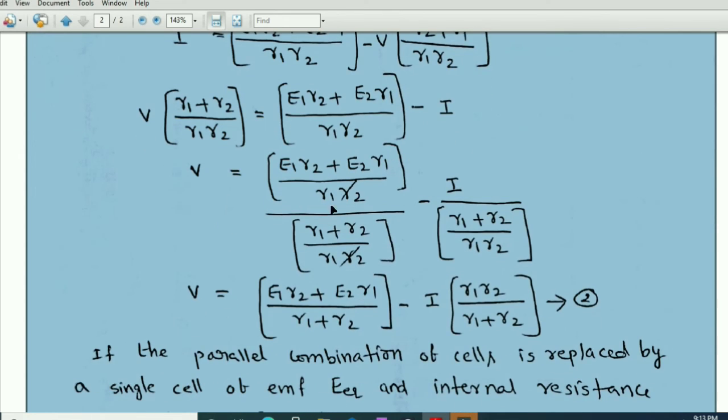Now V is equal to, R1 R2 get cancelled. After cancellation we will get (E1 R2 + E2 R1)/(R1 + R2) minus I into, it goes to the numerator, and it gives R1 R2/(R1 + R2). This is second, let it be the second equation.